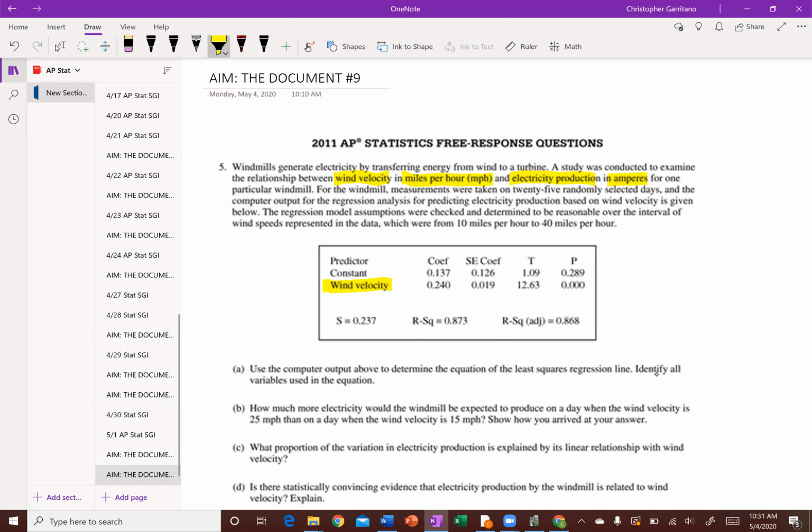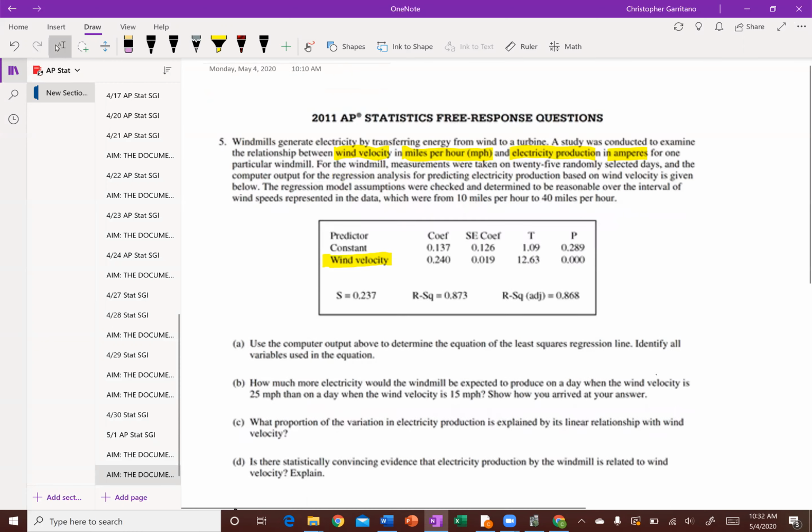It may not necessarily be a linear regression situation, but I do expect that you'll see some kind of table of information. So I want to stress how important it is that you understand notation and how to read these types of tables. Okay, that being said, let's move on.